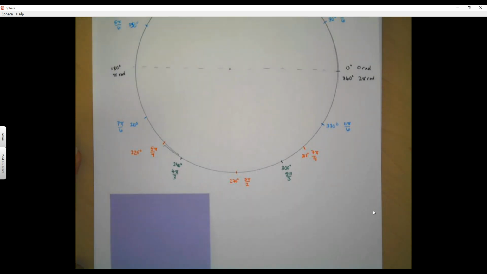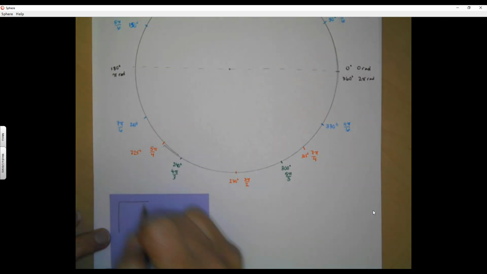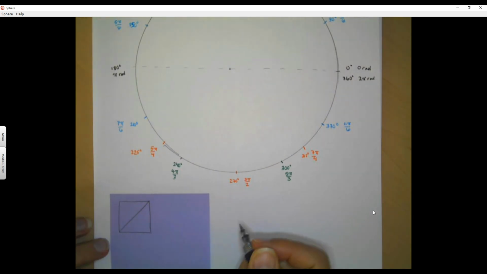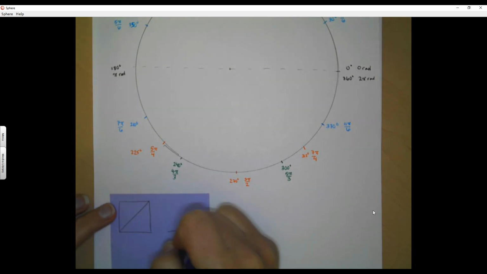Okay? But if I took a square and I cut it in half this way, and say in this particular square, so now I have a right triangle here.